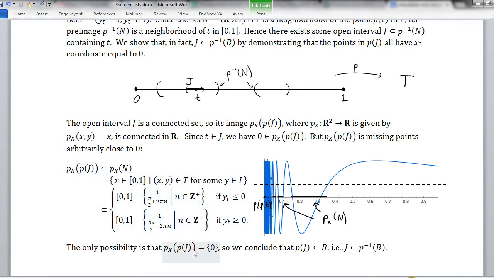So that set has to be just 0, because it contains 0. If it contained anything positive, then it would contain everything between 0 and that positive number, which would contradict what we've shown here. So that's just 0. And we've found our neighborhood of t in the preimage of B, proving that the preimage of B is open. And that completes our proof that T is not path connected.